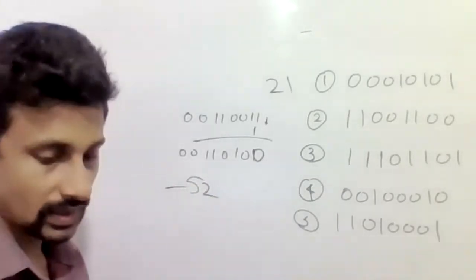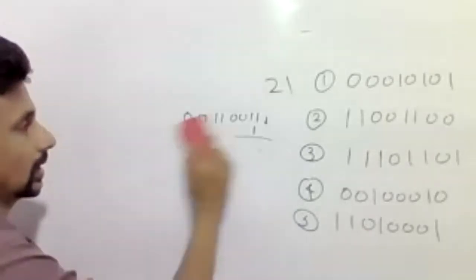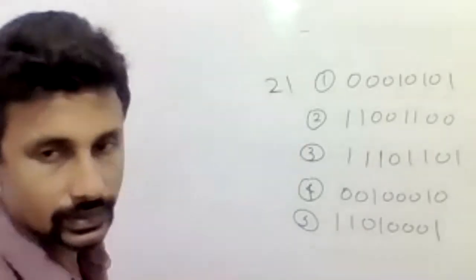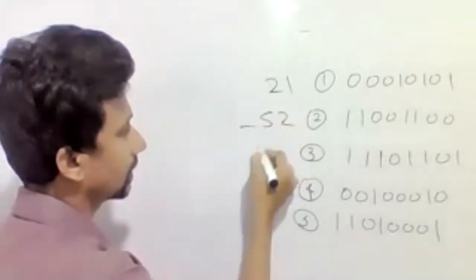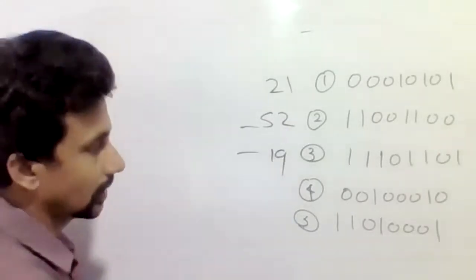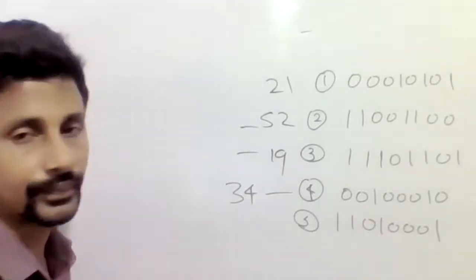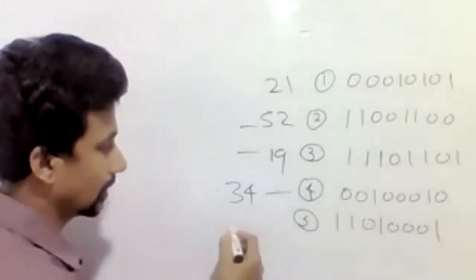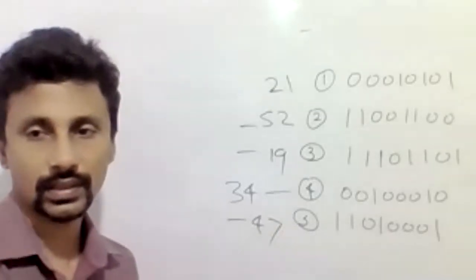Second one will be minus 52. I'll just tell the answers. Third one should be minus 19. This one you get positive 34. Last one you are getting minus 47. I think you have sent the correct answers.